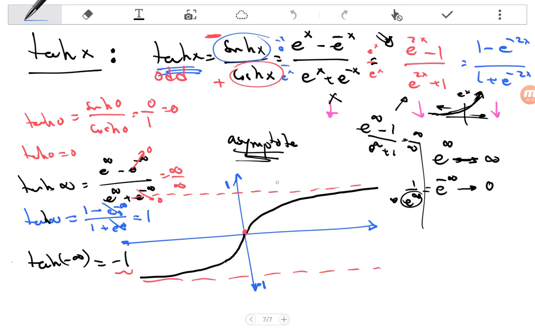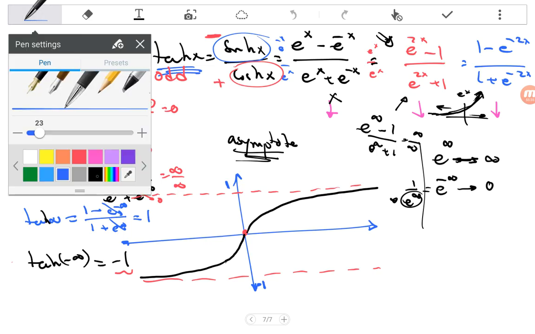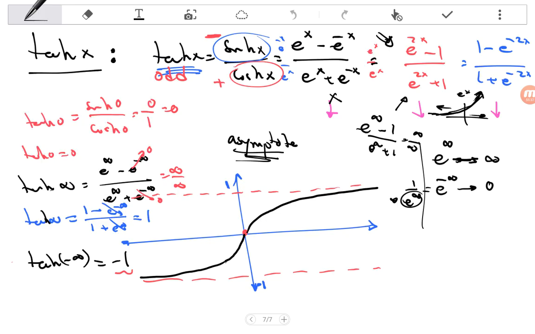What about this curve? We learned before a curve which looked like this. Could you remember? What was the curve which looked exactly like this? Not exactly, but it has the same shape.